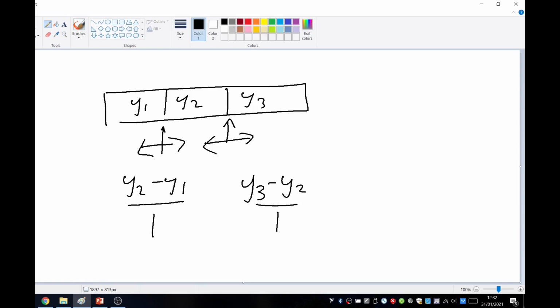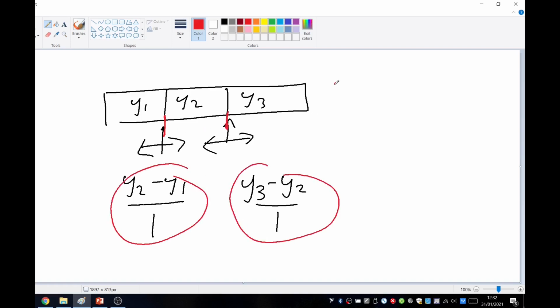So that's the gradient, and we want the gradient of the gradient. So we want the gradient between there and there. So that is that minus that over the distance of 1. So it's y3 minus y2 over 1 minus y2 minus y1 over 1.